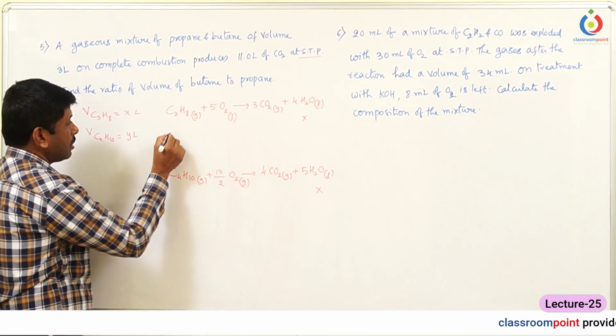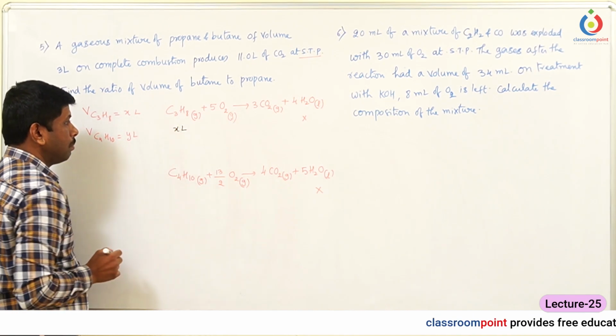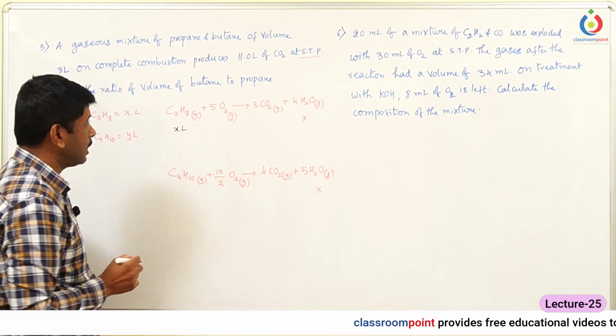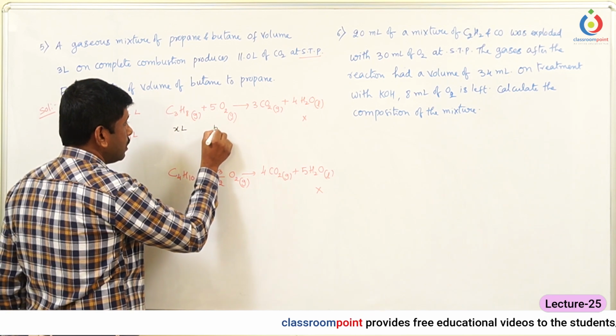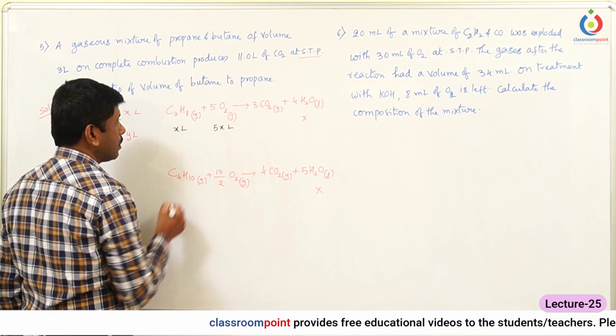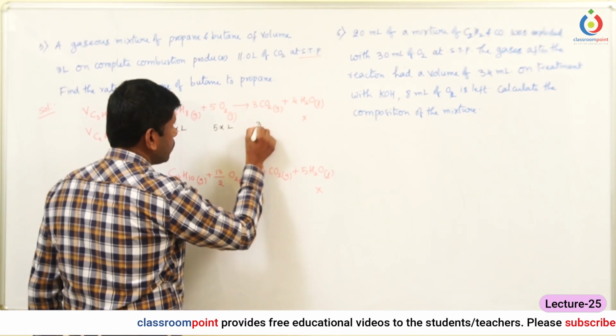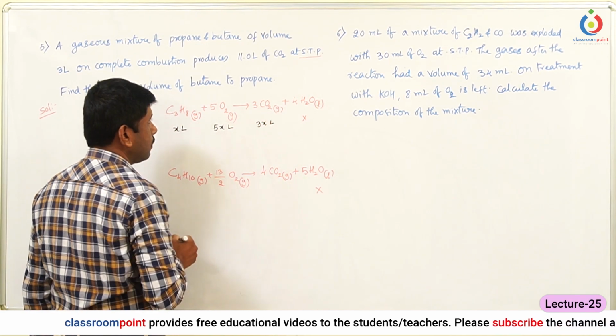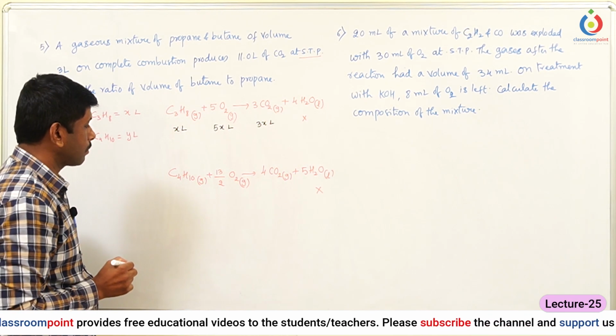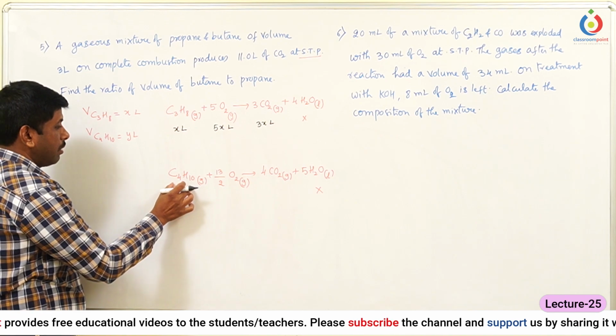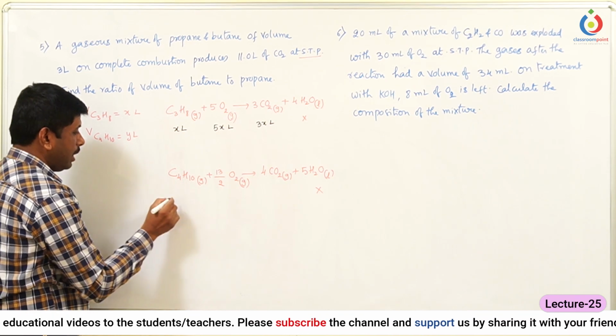Let us imagine x liters of propane participate in the reaction, which needs 5x liters of oxygen and could produce 3x liters of carbon dioxide. And here butane is y liters.